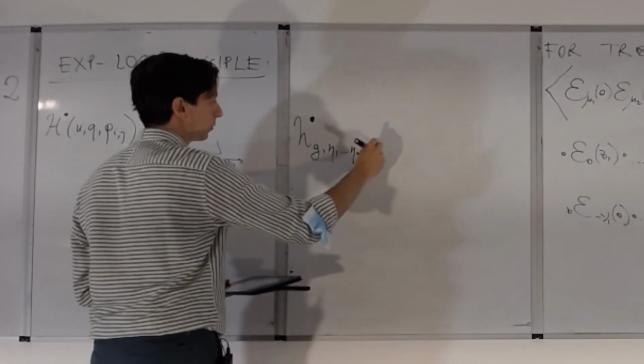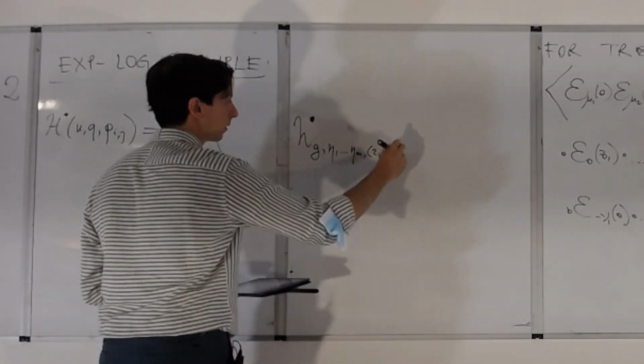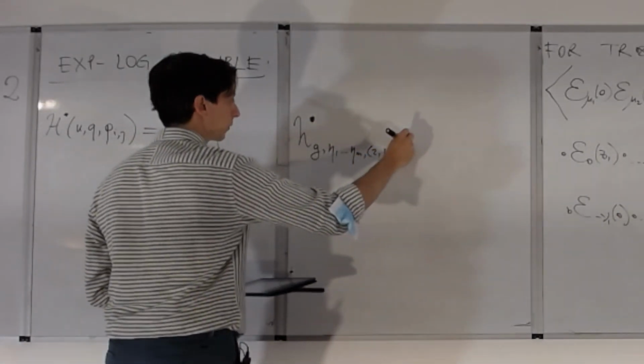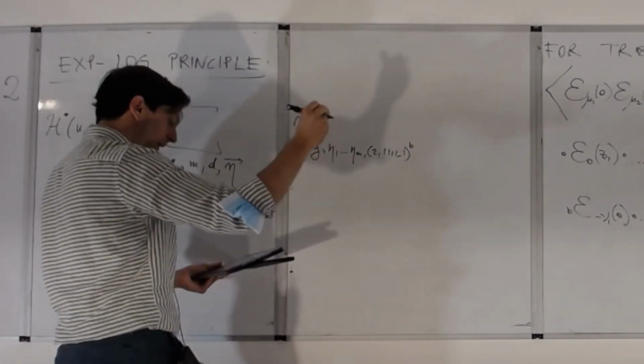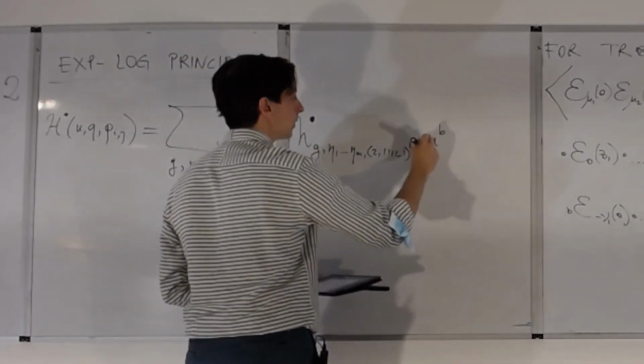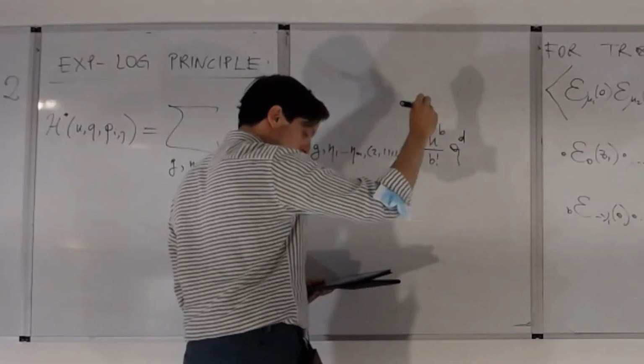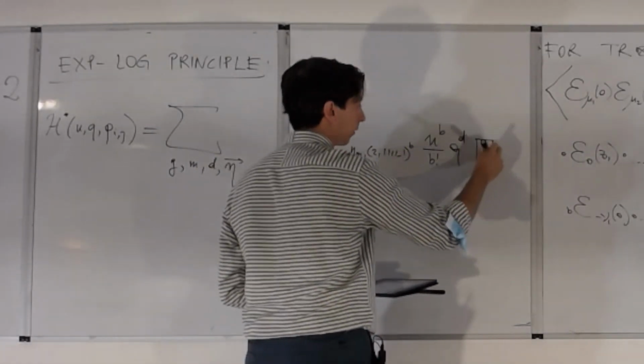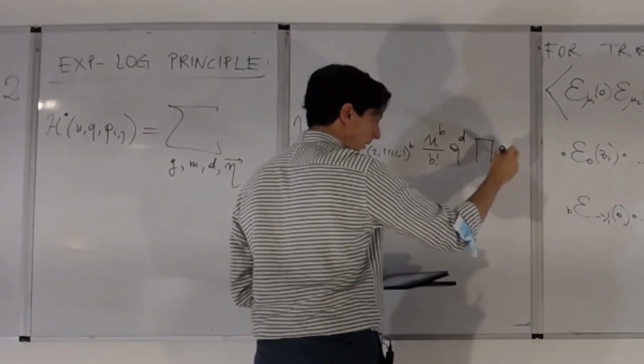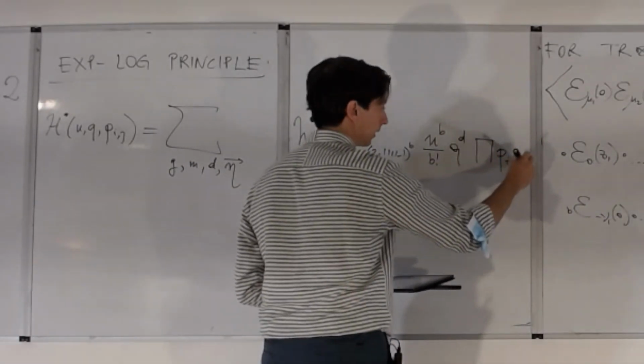Then you have u to the b divided by b factorial, q to the d, and then the product of the p_eta_i.